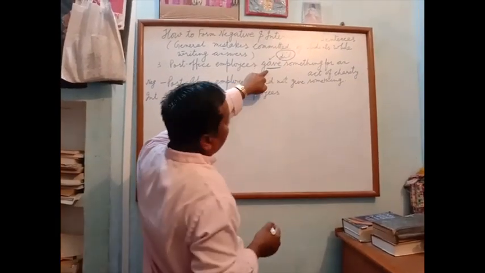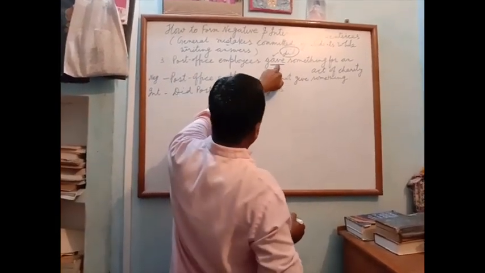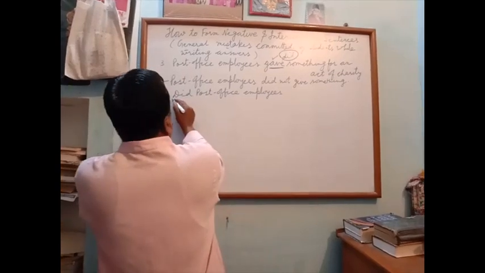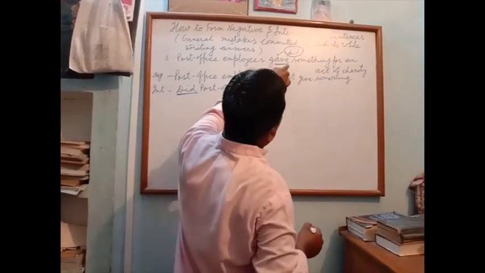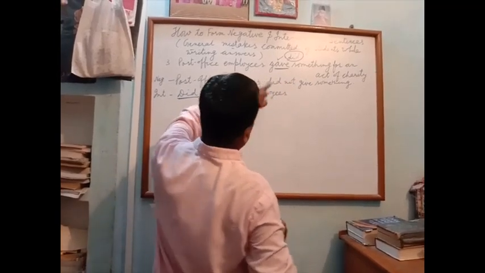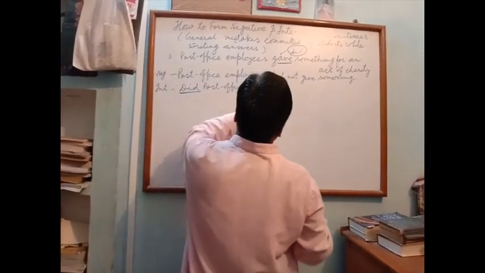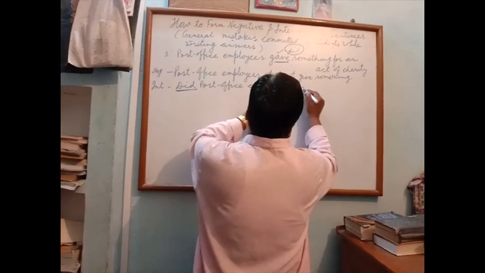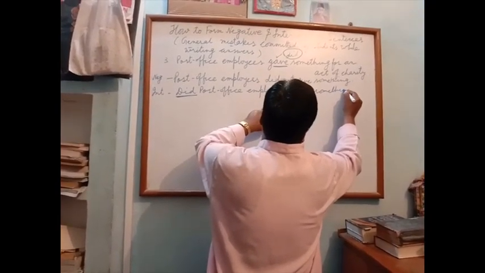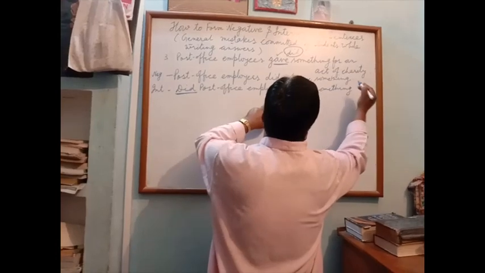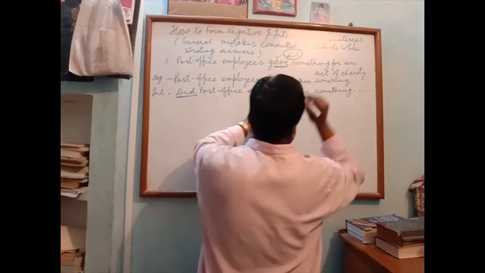Give. Because the second form of the verb, did, is used already. So here only V1 remains. Give. Did post office employees give something for an act of charity?